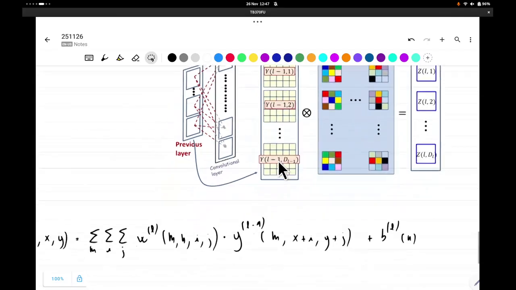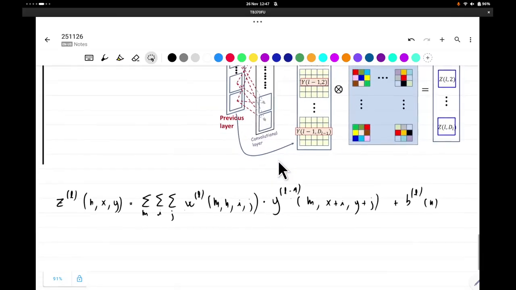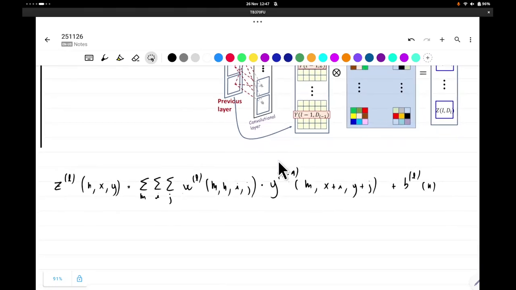So, in summary, mathematically you would have that affine transformation. The index here is the layer. This is the index of the neuron, and x and y is the position. So this would be for a two-dimensional convolutional network. And then you go over the outputs of the previous layer.